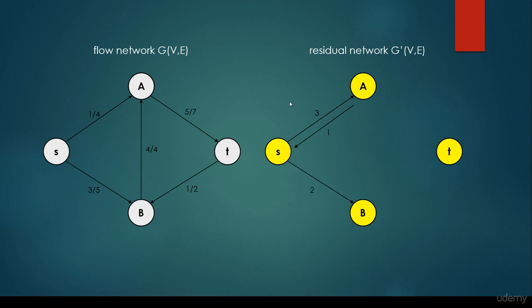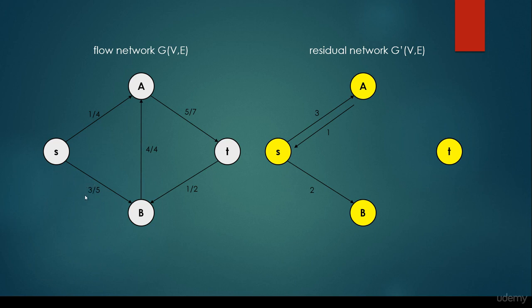What about the next edge? We know for certain that we have an edge pointing from the source to the vertex B in the flow network, where the capacity is equal to 5 and basically the flow is equal to 3 units. So we are able to send 2 more units of flow. We just have to make this 5 minus 3 operation.